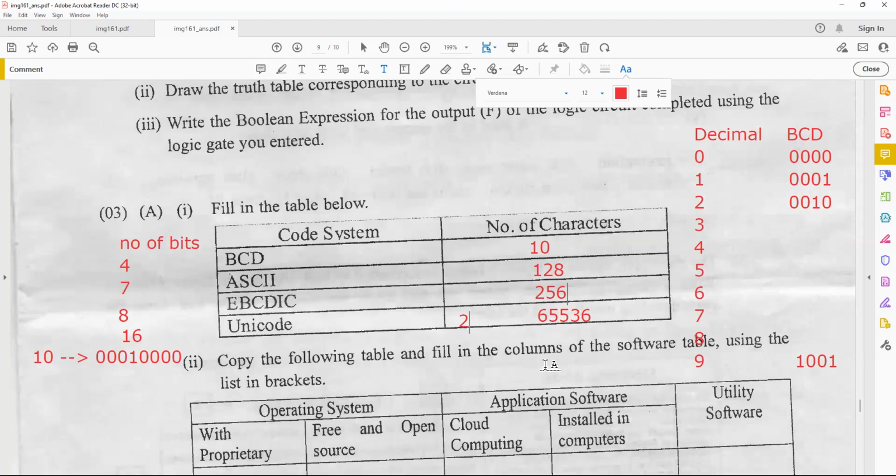That is 2 to the power 16 equals 65,536. Here, 2 to the power 8, we have 256. This is 2 to the power 8. This is 2 to the power 7.